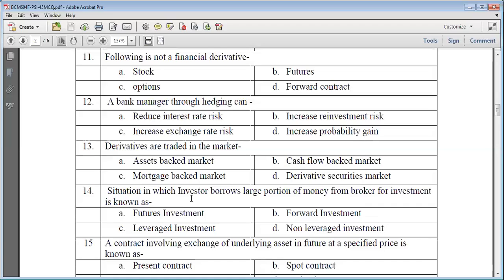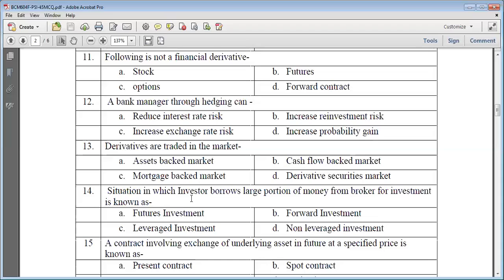Future and forward are two types of derivatives where investment is made. Here, the sources of funds for collecting the money to be invested are considered, so future investment and forward investment are not a part of that. Either it will be leveraged investment or non-leveraged investment.